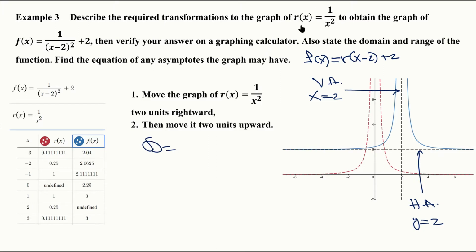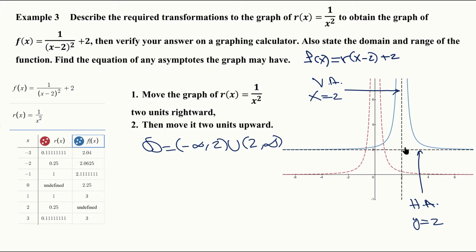We're just using this one as a reference. That's why I put it in dotted form. It's not the actual graph we want. We're using it to get the graph we want. So when I say domain, I'm talking about the domain of the main function we're graphing, right? So the domain is going to be -infinity to 2 union 2 to infinity, right?